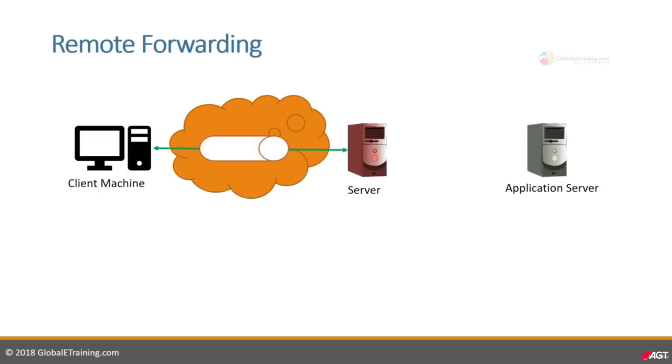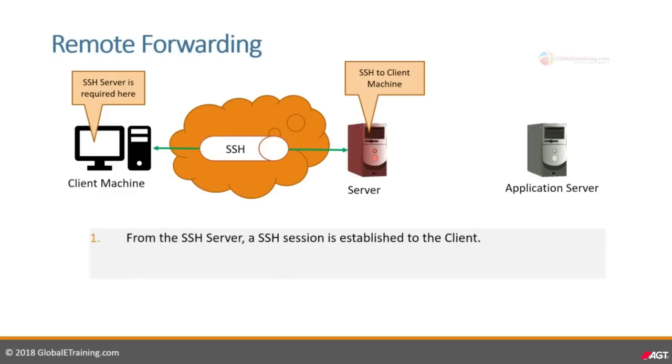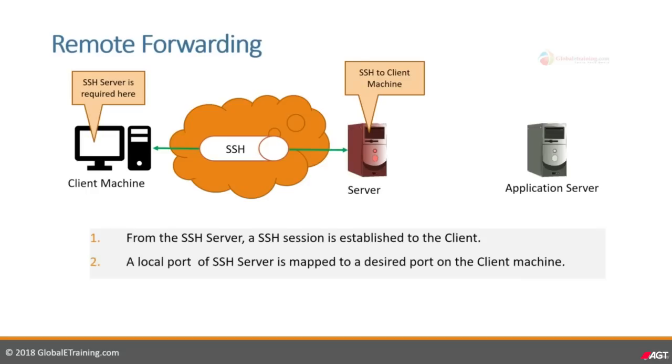Coming back to this diagram, we would create an SSH session from the server machine to the client machine with remote forwarding, and that would map some desired port on the server to a port on the client machine. Of course, that's a desired port as well, but that's a new port that gets opened on the client machine.